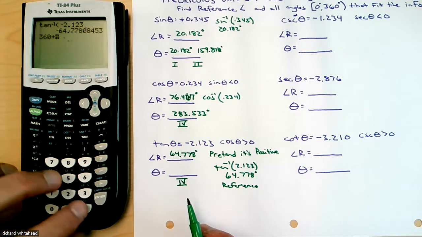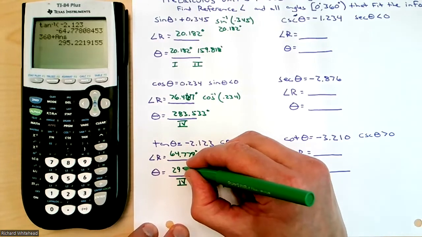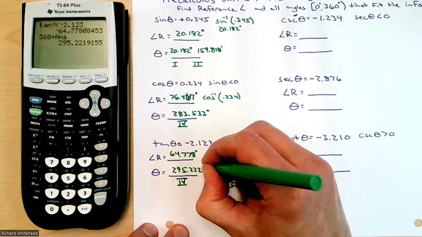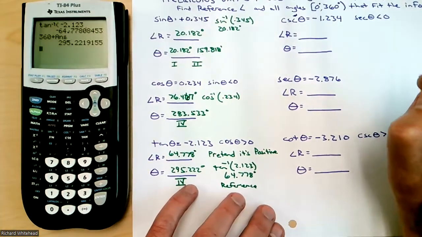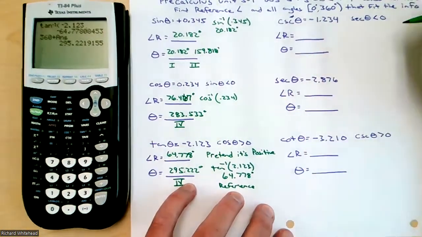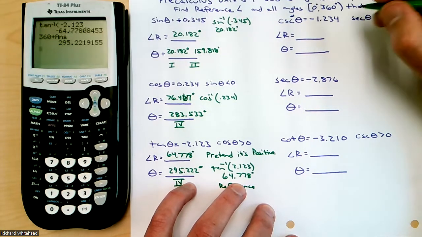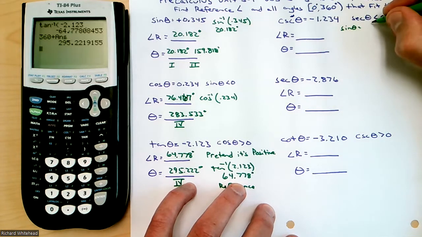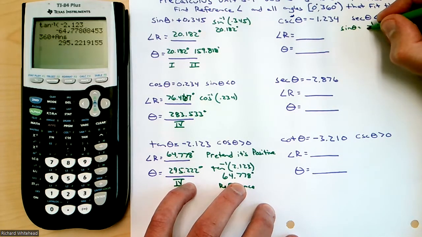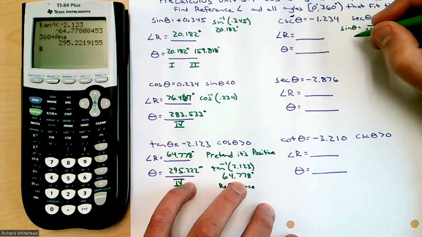To find the missing angle, now we need the fourth quadrant angle. Kind of like over here, I've got cosecant. I'm going to say sine theta is equal to 1 over 1.234, because there's no cosecant button on my calculator.